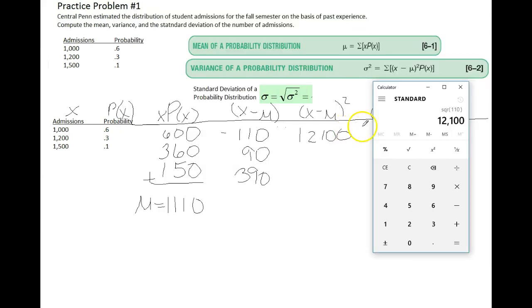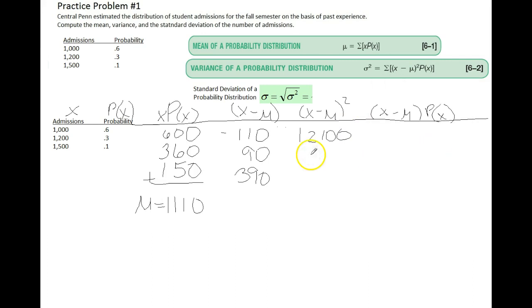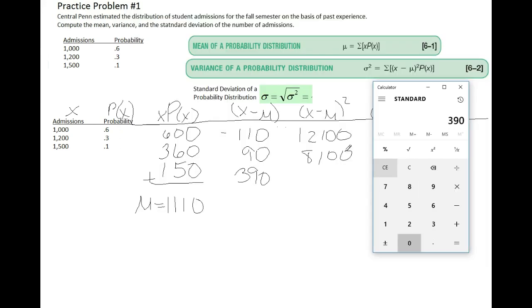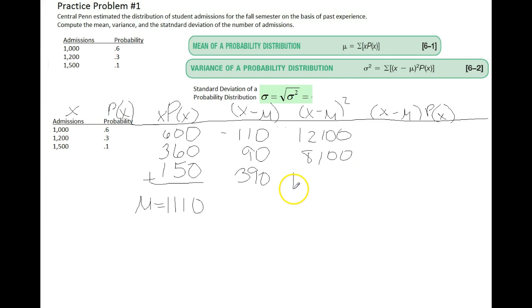Let's do 90 squared, 8,100. 390 squared, 152,100.